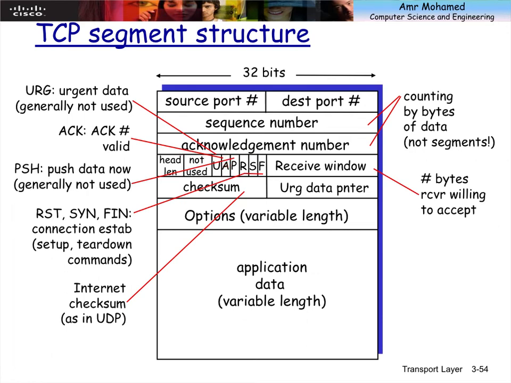If this flag is 0, this means that this field is don't care. I don't have to worry about this. So it may have any garbage, I don't care. And this acknowledgement is set whenever I want to acknowledge some segment that I have received before from the other side. Okay?